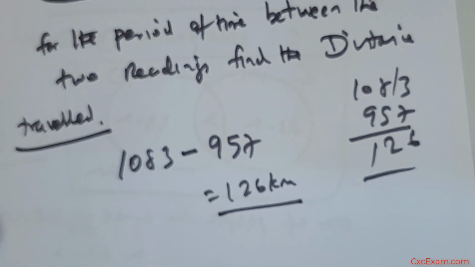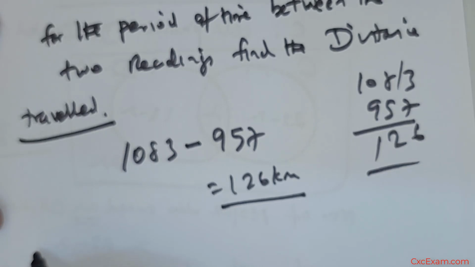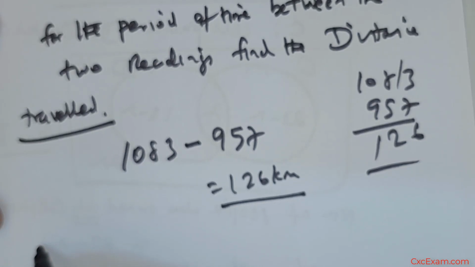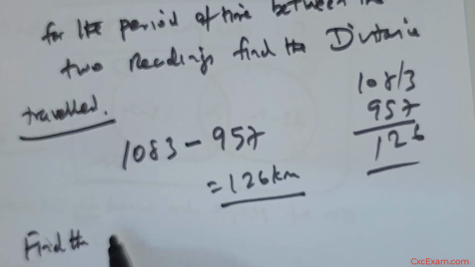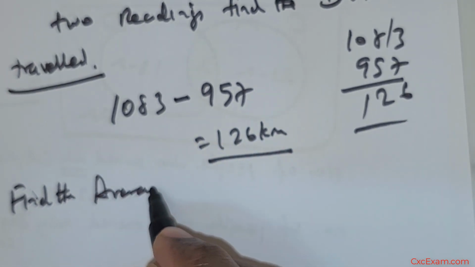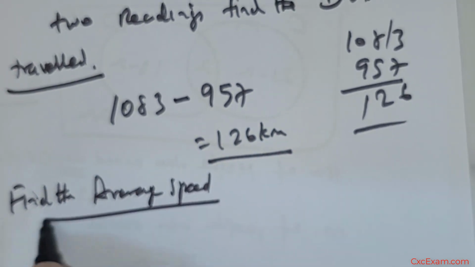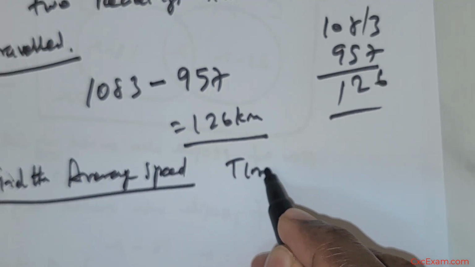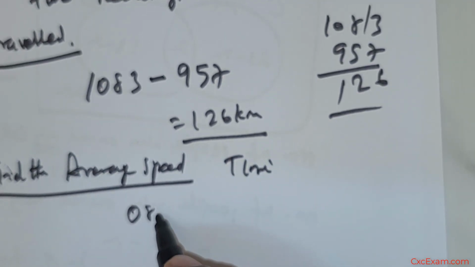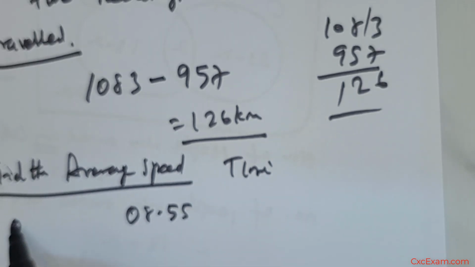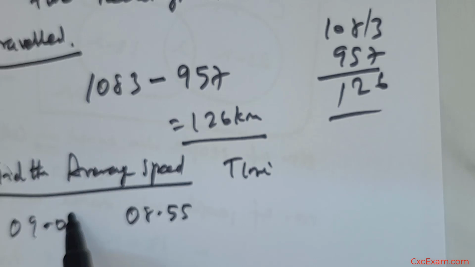Now what is the next solution? Next, they are asking us to find the average speed. Now for average speed we need time. So 8.55 and 9.07.